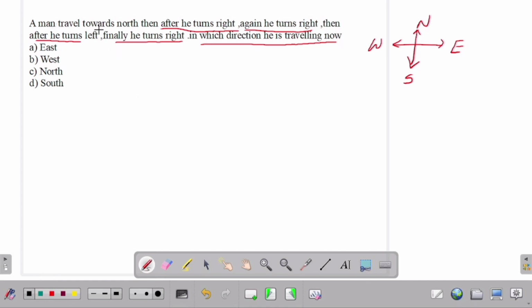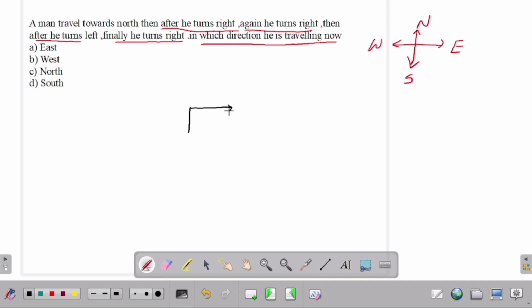A man travels towards the north, which means he is moving towards the north. Then he turns right. So this is my right. Then again he turns right, one more right.